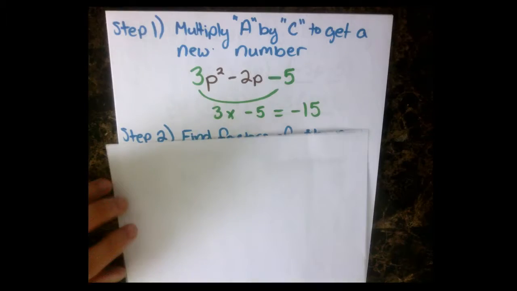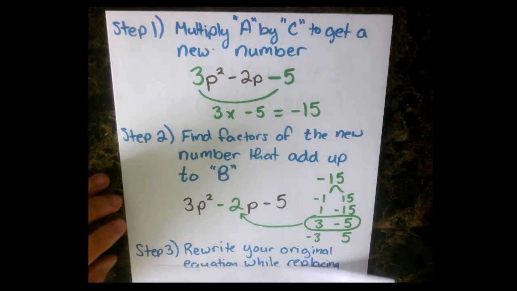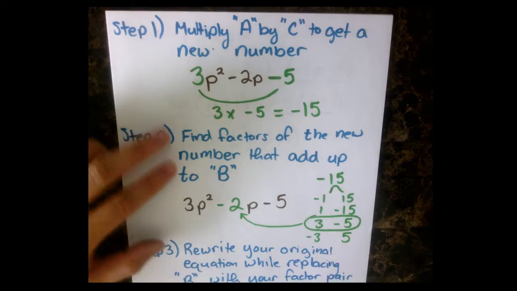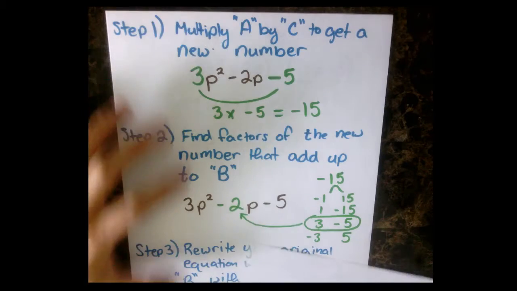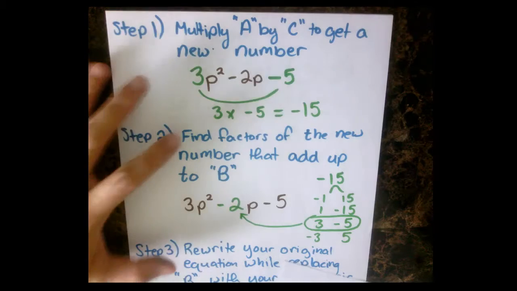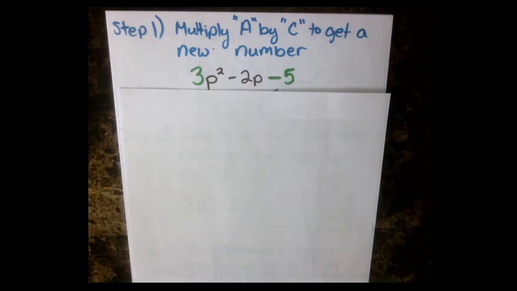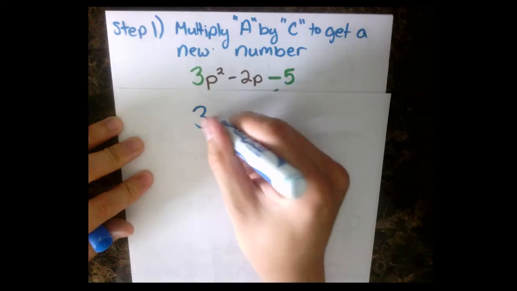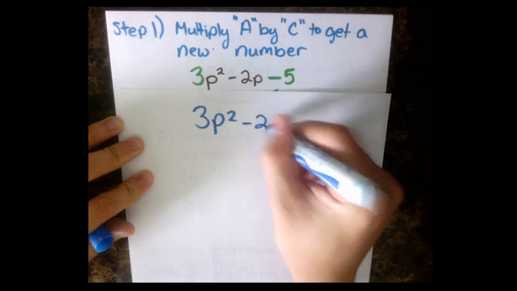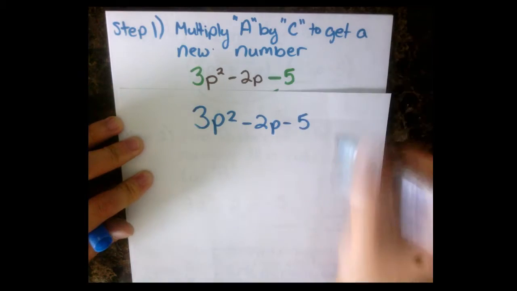Okay? So 3p squared. What I'm going to do is walk you through how to do all of this on a sheet of paper, and then I'll bring these steps back up. These steps are the words for what we're going to do, but I'm just going to show you how it works first. All right, 3p squared minus 2p minus 5.